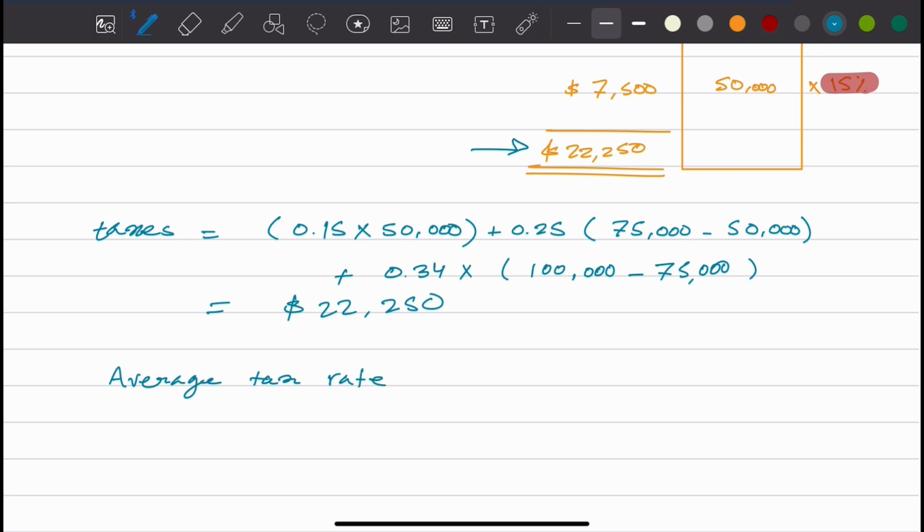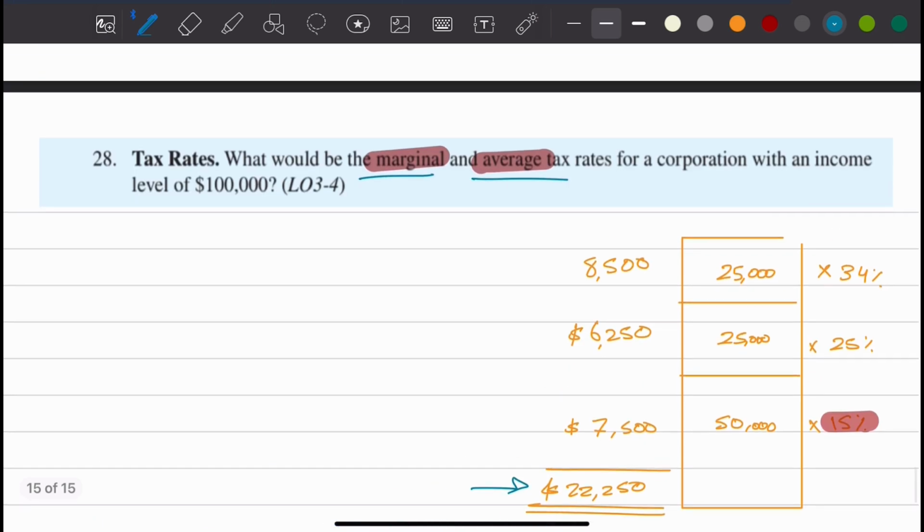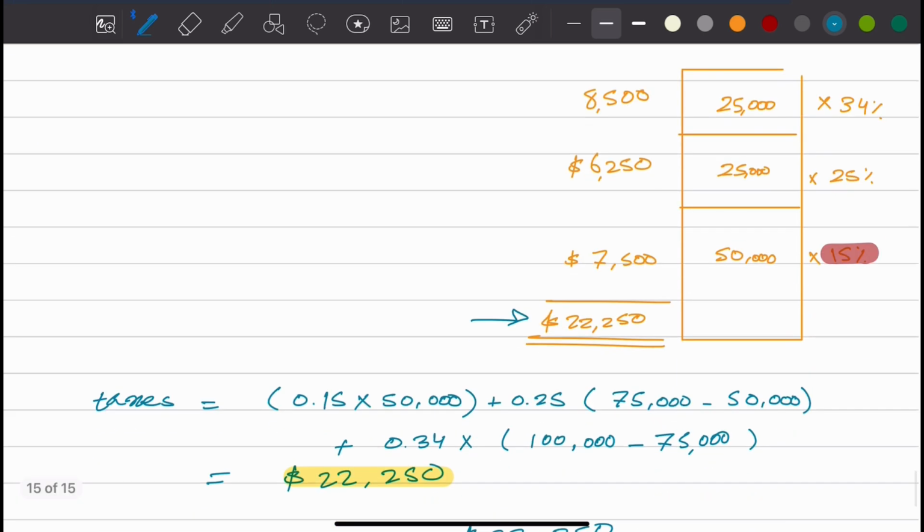Remember, the question wants the marginal tax rate and the average tax rate. The average tax rate, we're going to calculate as a percentage by dividing the actual amount of tax that they're going to pay, which is the 22,250, by the net income of the company, which was 100,000.